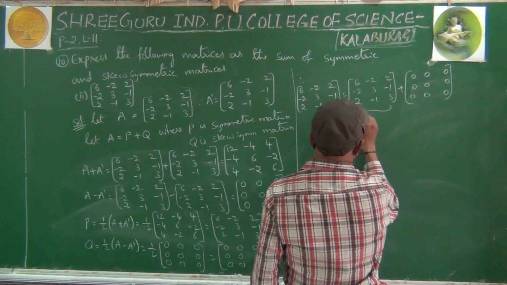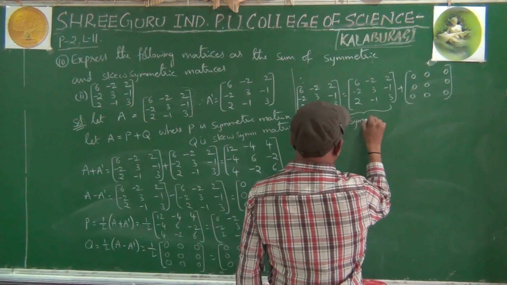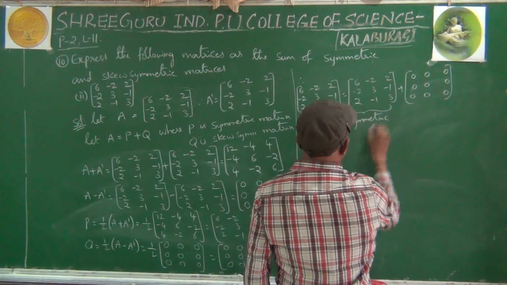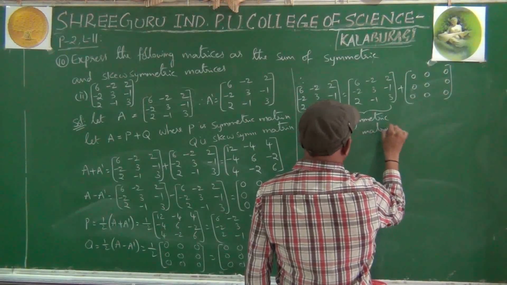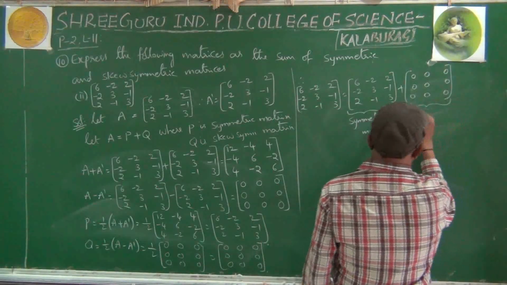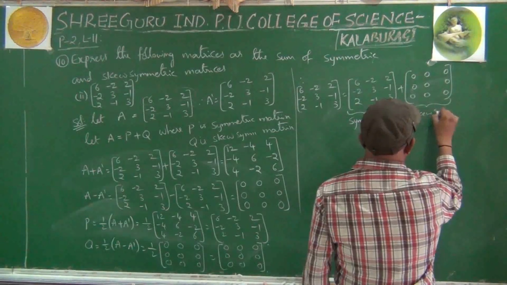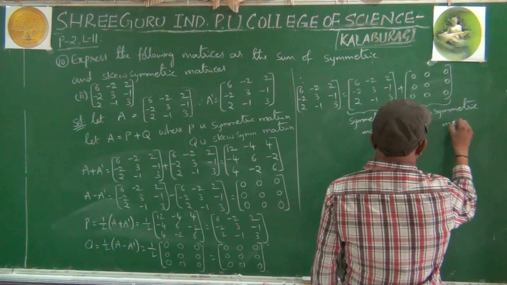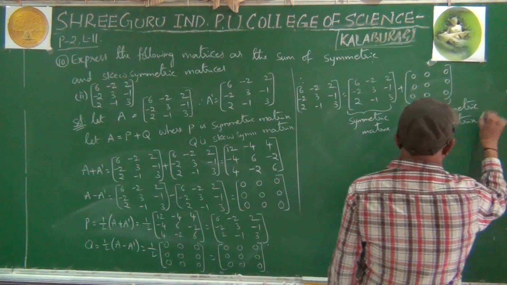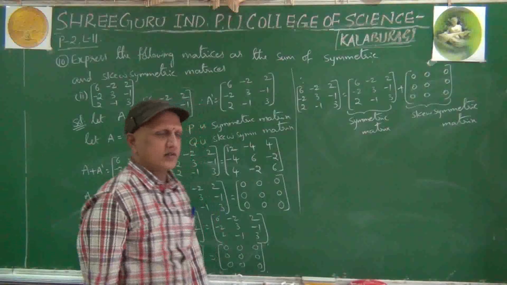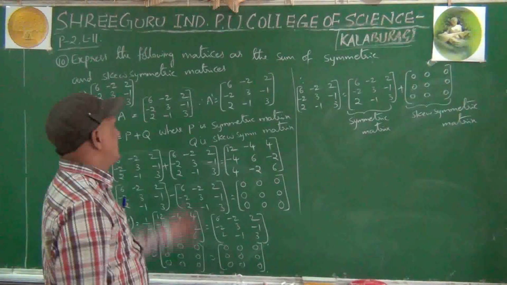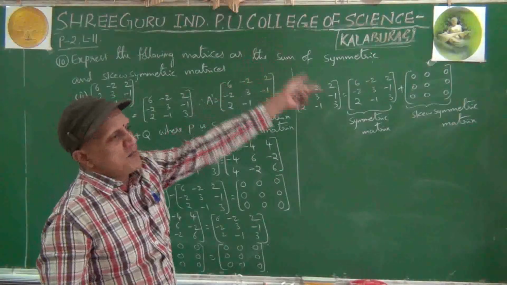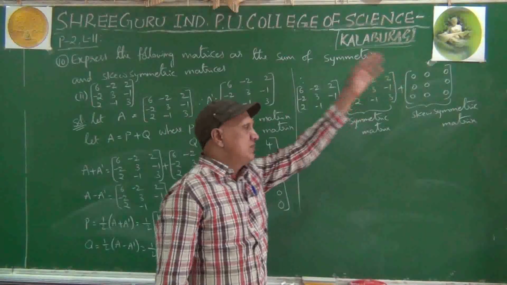This is the symmetric matrix. This is the skew symmetric matrix. That's it. We have expressed the given matrix as the sum of a symmetric and a skew symmetric matrix.